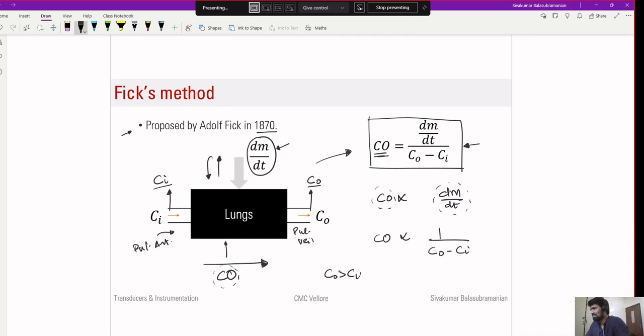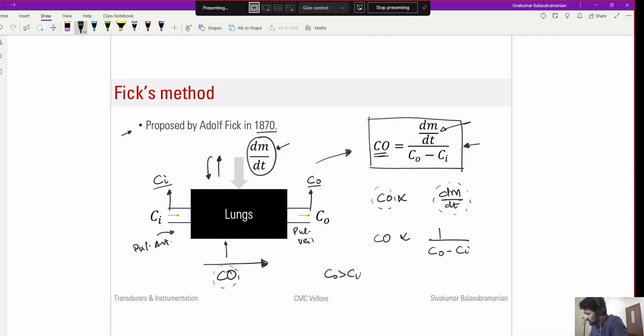The concentration is not changing. The cardiac output is zero, so then no, diffusion is impaired. Yes, it's flowing so fast that there is no time for diffusion. Okay, that's the idea.